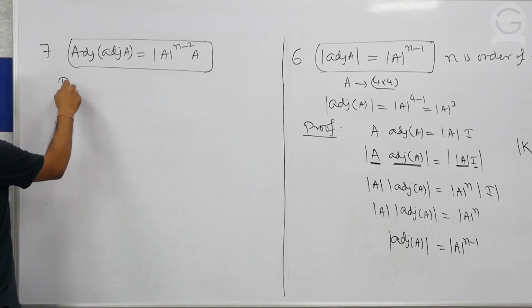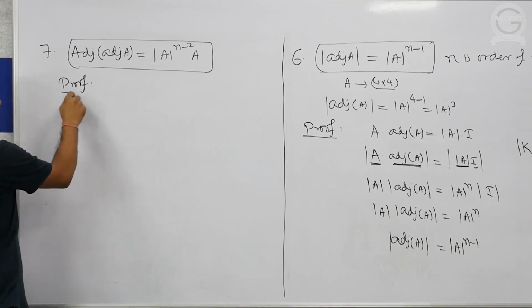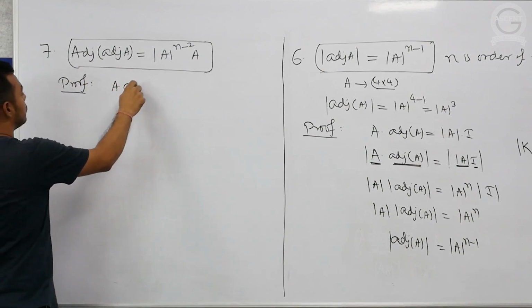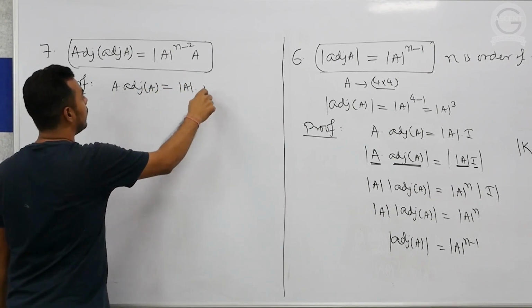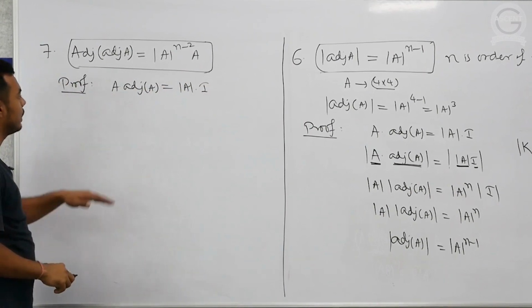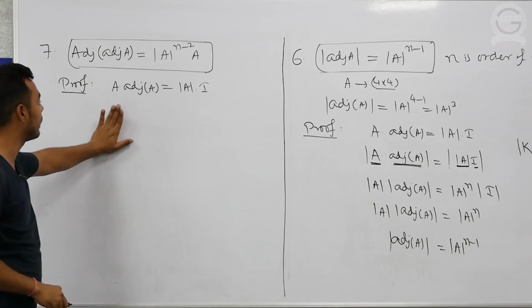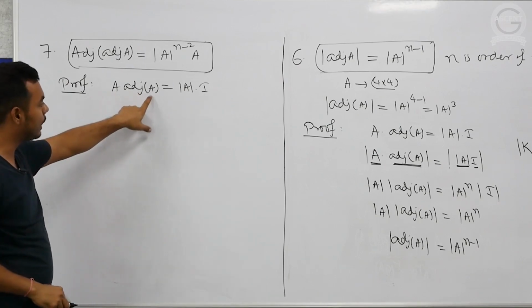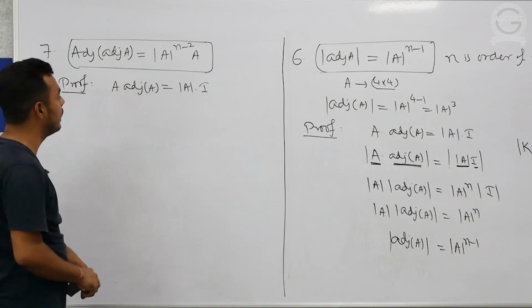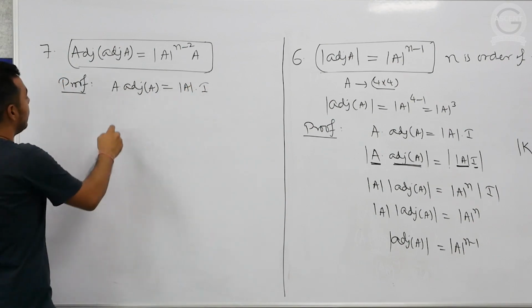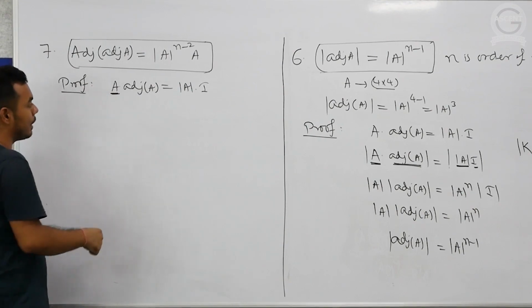If I want to prove this result, we have to start from here. A into adjoint of A will be determinant of A into identity. Now see, this relation is true for any matrix. A into adjoint of that matrix A is determinant of the matrix A multiplied by the identity matrix. So you can replace this matrix A by any other matrix.